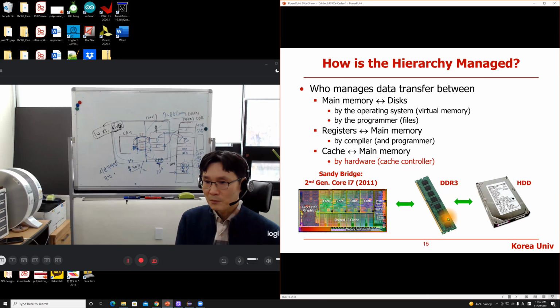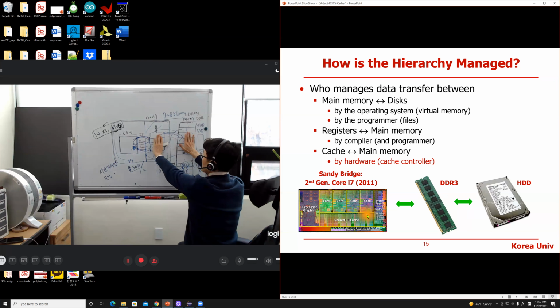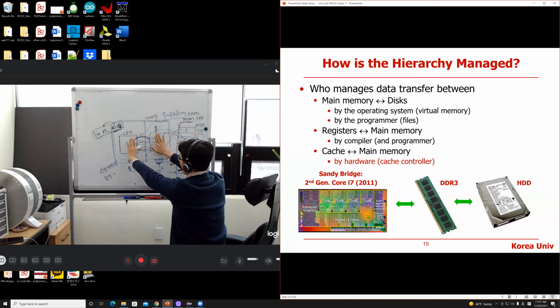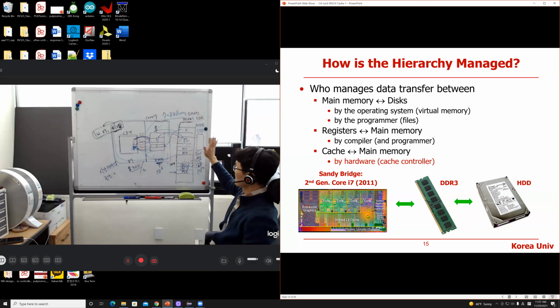Between main memory and hard disk, and who manages data transfer between main memory and cache? And cache too. So who manages data transfer between these two? And who manages data transfer between these two? And who, right, manages data transfer between these two guys?